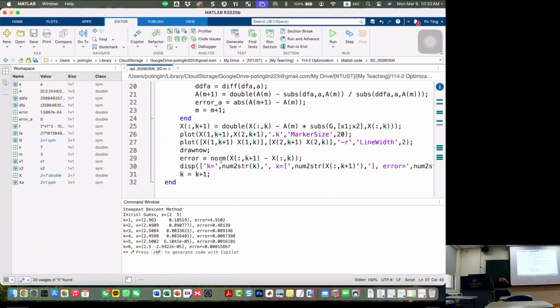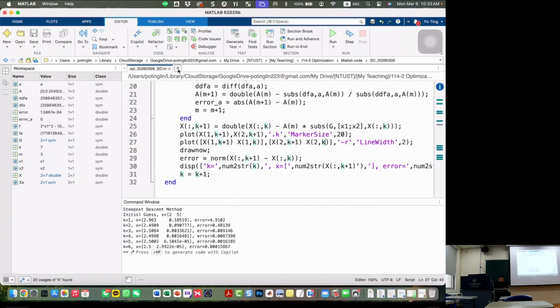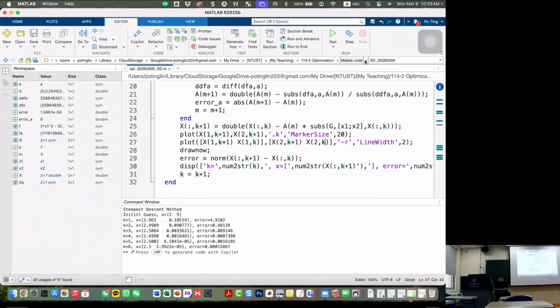So compared to Newton's method, let's open up Newton's method. Where's Newton's? That's right.